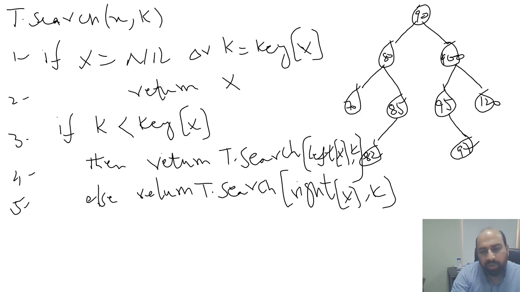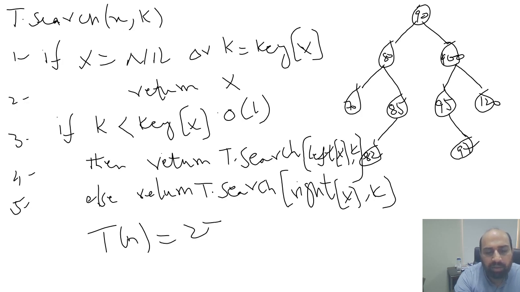Obviously, if you can compute the recurrence relation, if T of n time is required to search a key from this, then this is simple order of 1, right? So that is nothing but 2T of n by 2 plus 1.